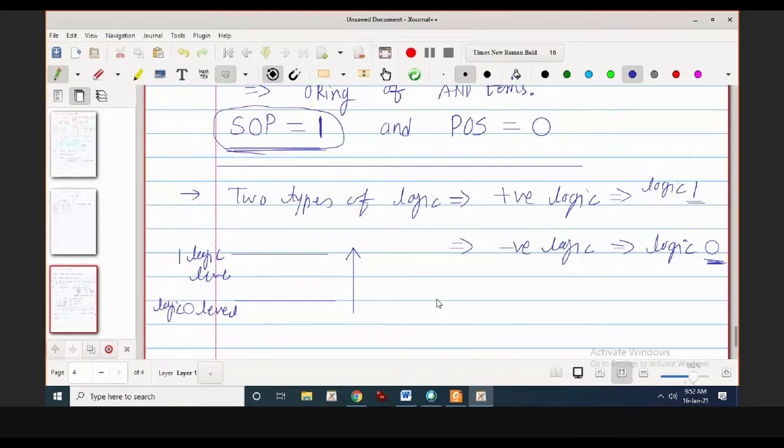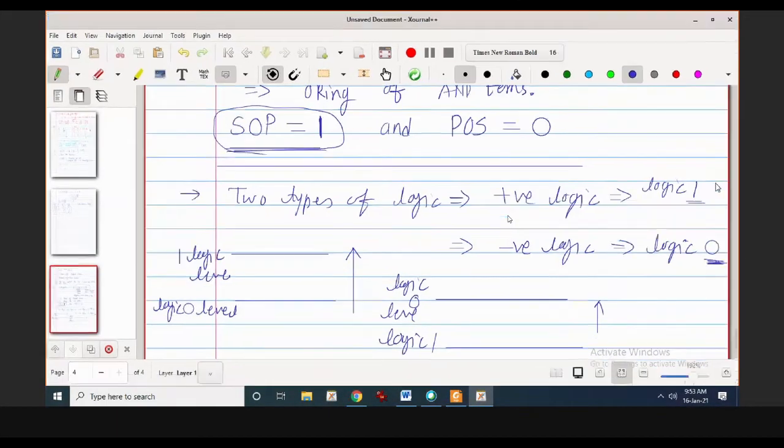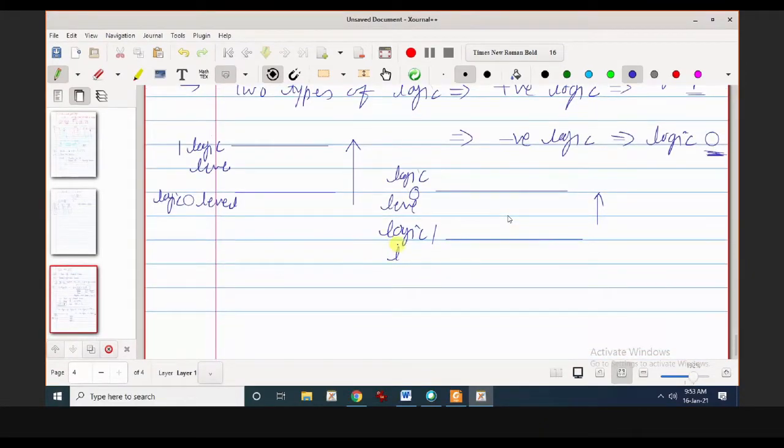In negative logic, my logic 0 level is higher than my logic 1 level.